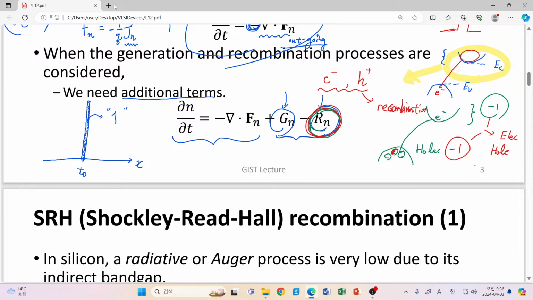So let's think about this one. From today, Korea tries to stop trade with other countries. At the same time, the total amount of Korean won is now fixed.